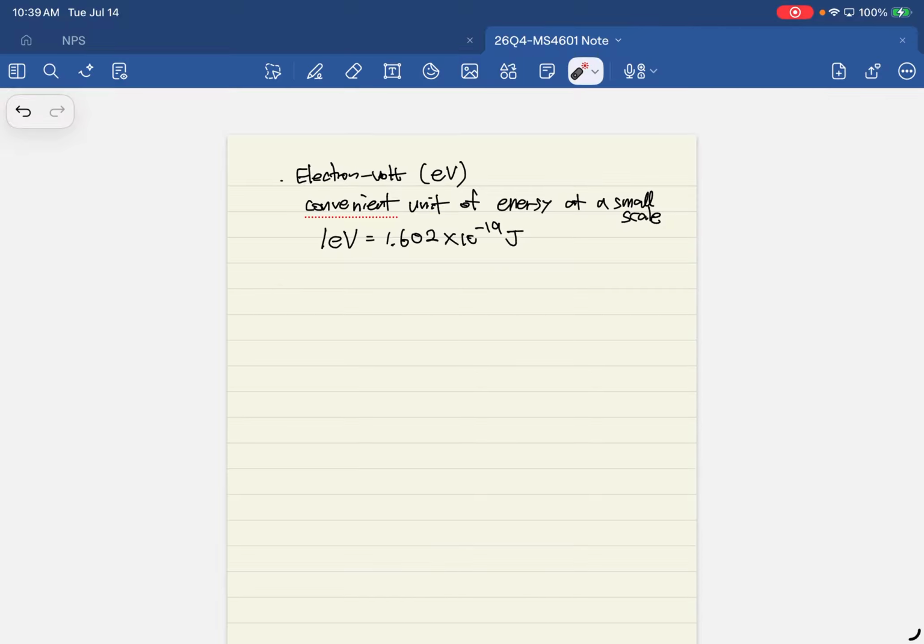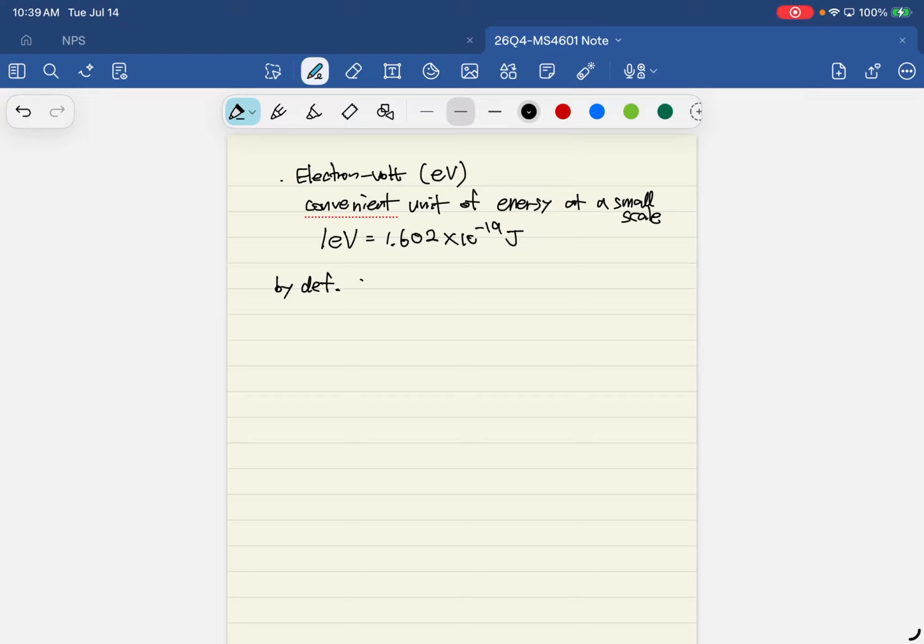The way they defined it is this way. First, let me introduce a basic unit here. 1 coulomb, just to recap, is 6.242 times 10 to the 18 charge here, where e is the charge of a proton.